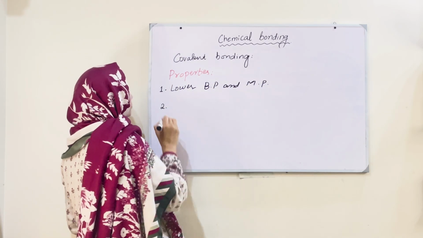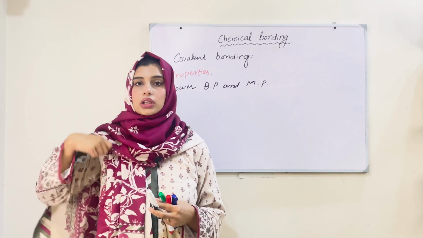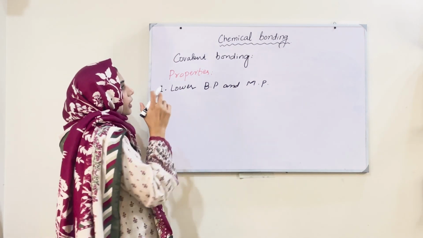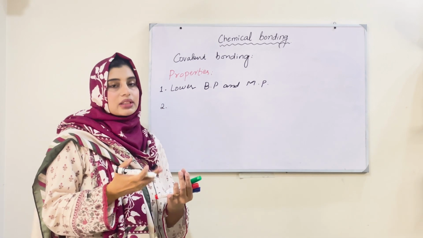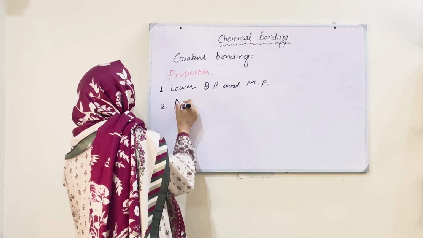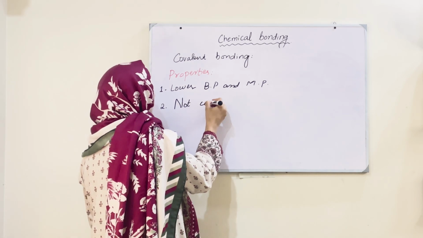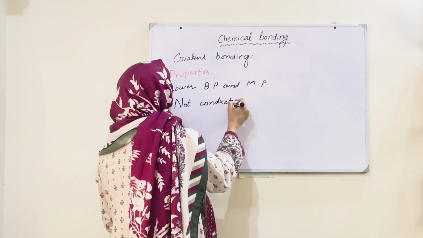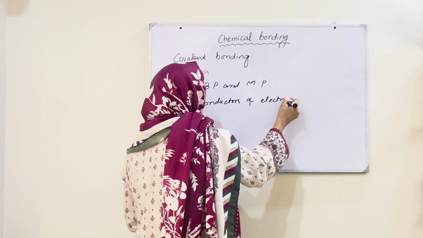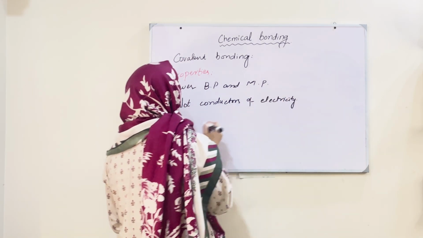Number 2, we talked about the conductance of heat and electricity, basically electricity. So ionic compounds were good conductors in aqueous and molten state but not in solid state. Covalent compounds are not conductors of electricity, but we have an exception.